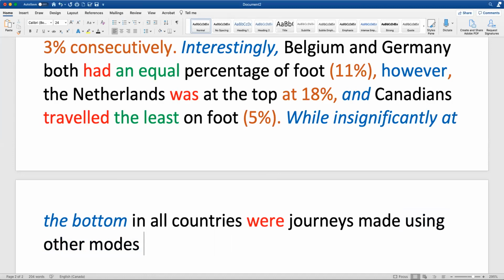I'm just going to say it's not important, so at less than 3%.